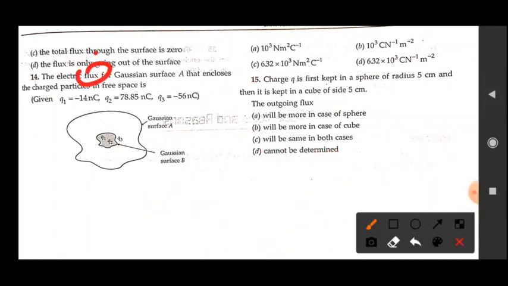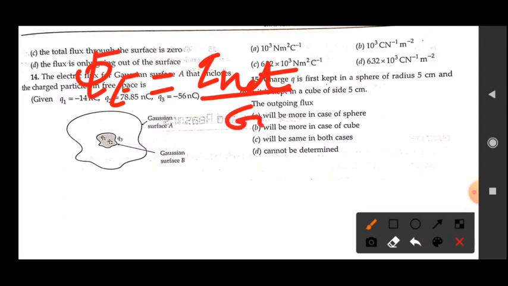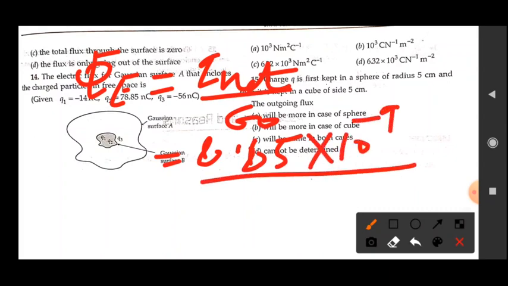The net flux is q net divided by epsilon 0. So you can write the value of q net as 8.85 nanocoulomb; let's convert it, so this is 10 power minus 9. Now epsilon 0, you know its value is 8.85 into 10 to the power minus 12.